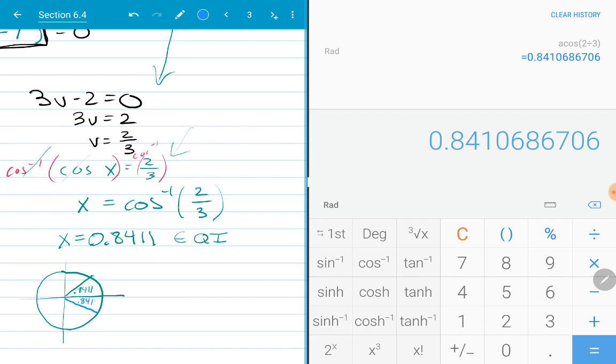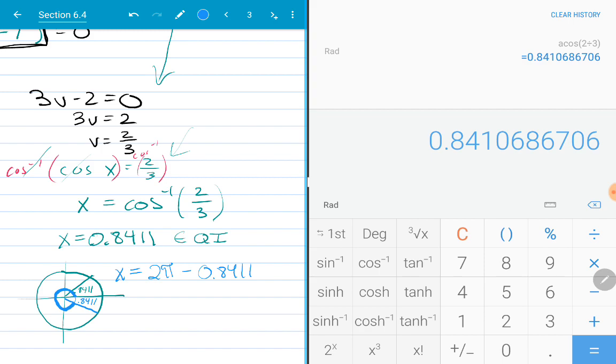So it's going to be 0.8411 of a negative angle, but we need the positive angle. We want to find the angle from the positive x direction, this dark blue line. That's like the whole circle, which is 2 pi, but it stops just short by the size of the angle we just found. So that's going to be our second solution for x.